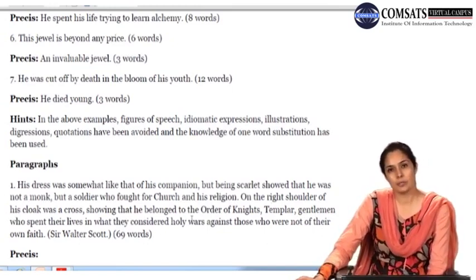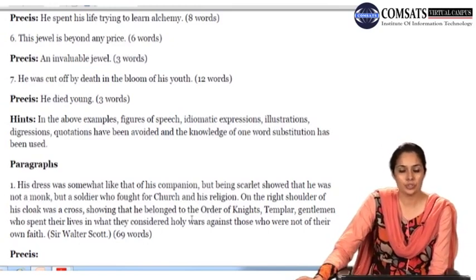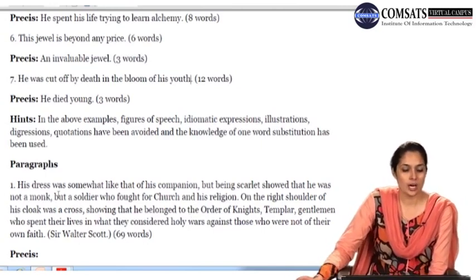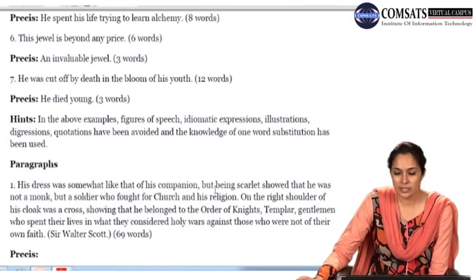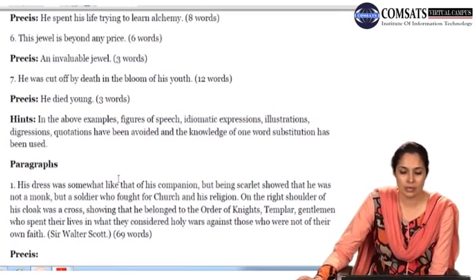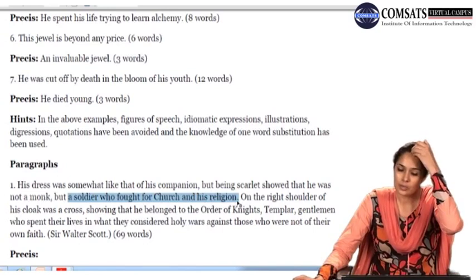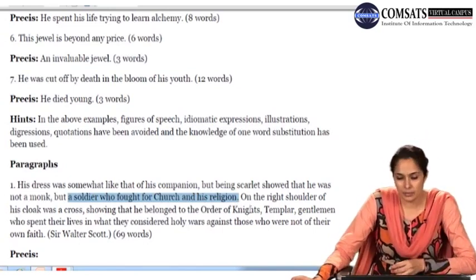अब यहाँ पर इस पैराग्राफ में भी आपको you have to use your knowledge of one word substitutions. Let's see how it is used. His dress was somewhat like that of his companion, but being scarlet showed that he was not a monk but a soldier who fought for church and his religion. A soldier who fought for church and his religion is called a knight, और वो आपको आगे पैराग्राफ में भी दिया है.